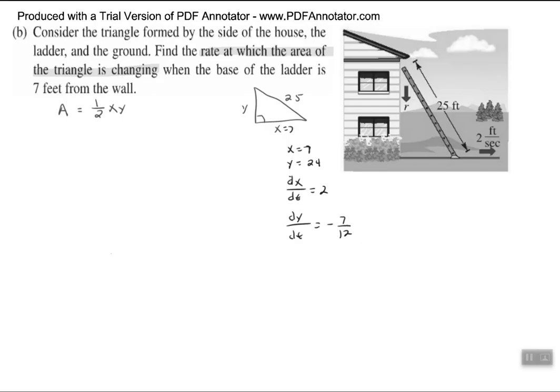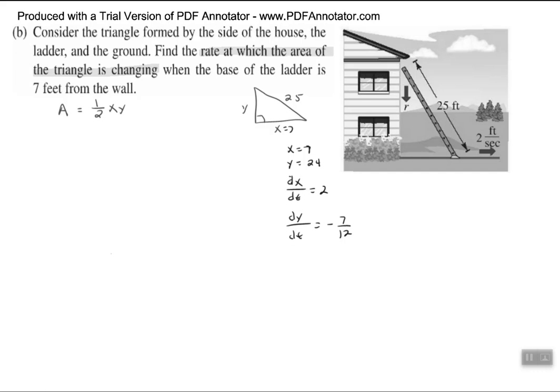All right, let's look at part B of this problem. It says, consider the triangle formed by the side of the house and the ladder and the ground. Find the rate at which the area of the triangle is changing. So we're looking at area this time, when the base of the ladder is 7 feet away from the wall.